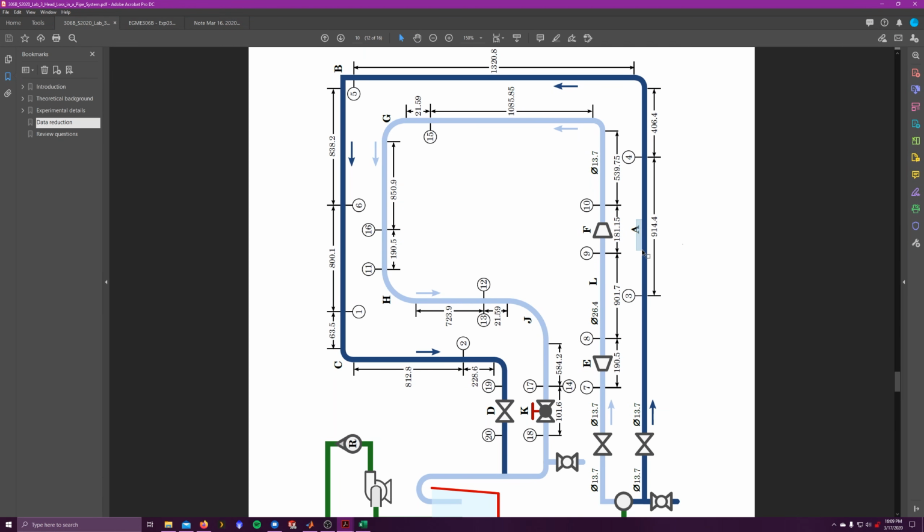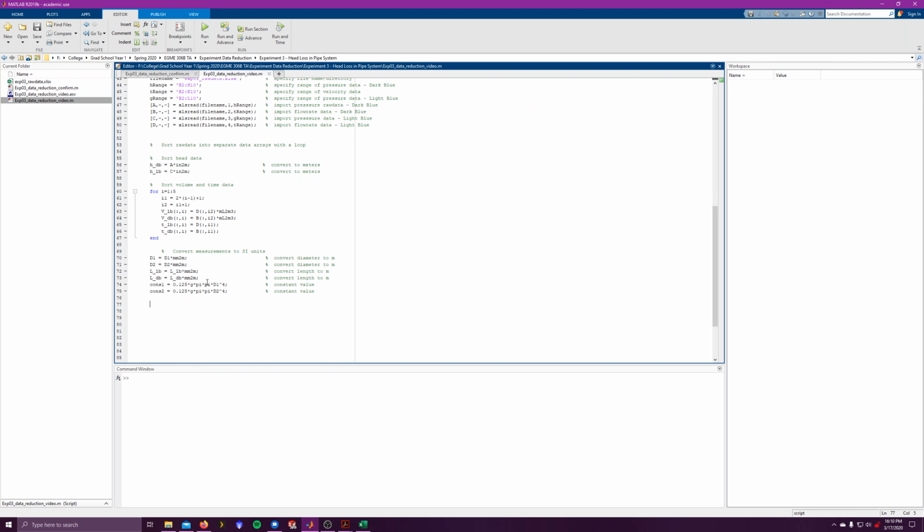So let's go back here. I have constant equals 0.125 times gravity times pi times the diameter to the 4th. We're just doing this so we don't have to type as much later on in the data reduction.